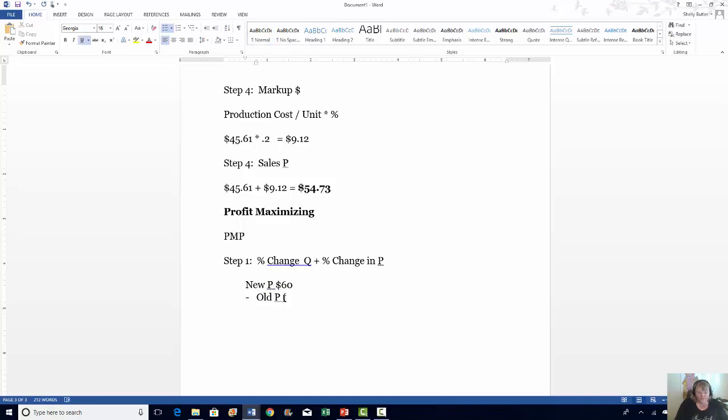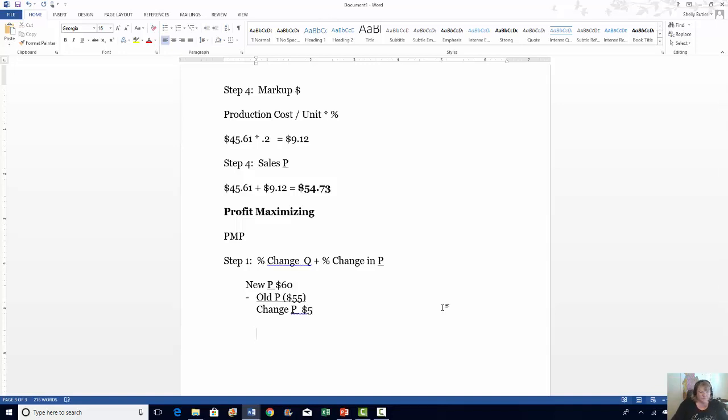Is $55. We're just going to underline all of it because we're going to have the change in price. The change in price is $5.